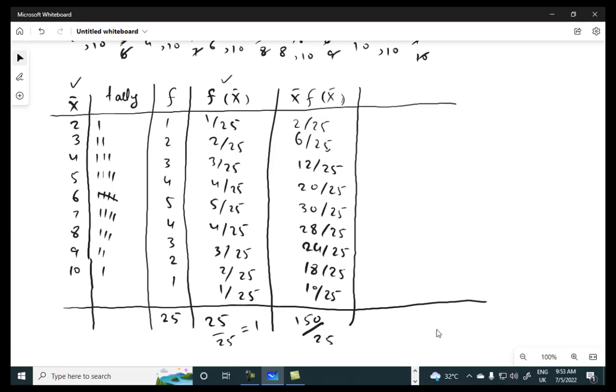We are already having x bar and f of x bar, so we can include x bar square into f of x bar. So, we need the computation of this column.